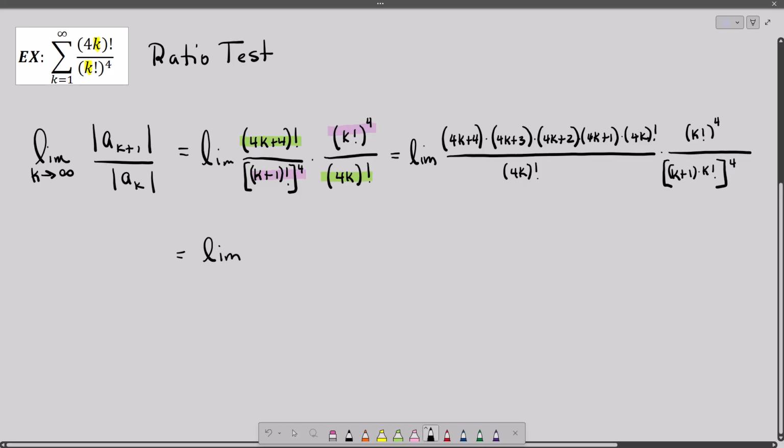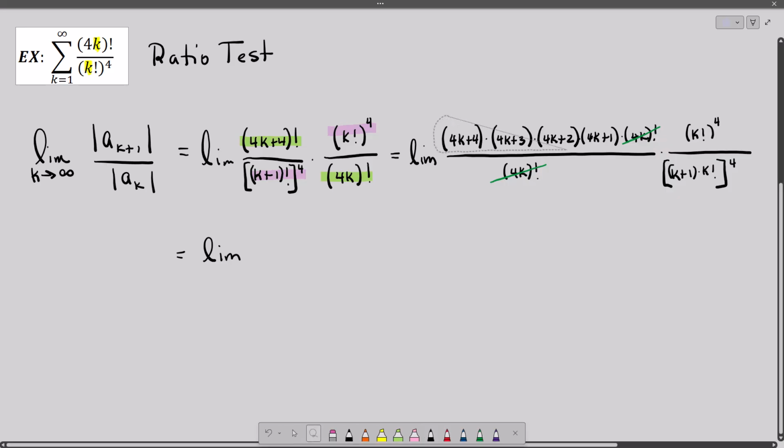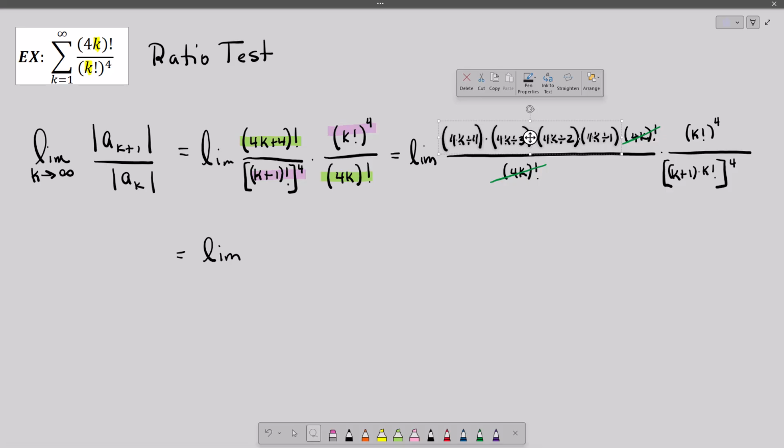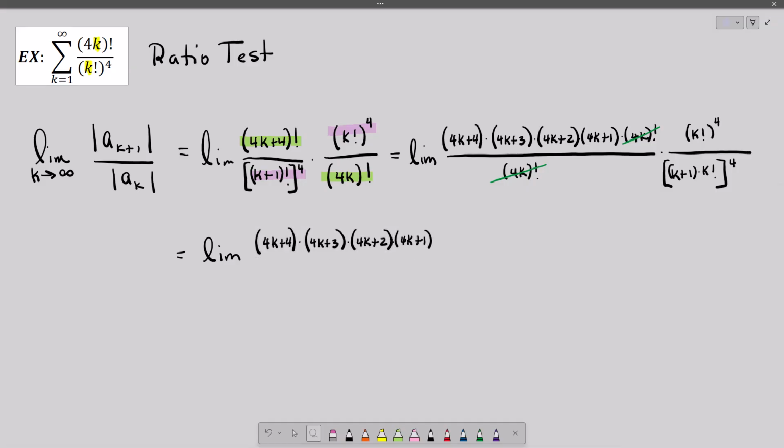So then we have limit. Over here, the 4k quantity factorial will cancel. So we are going to have in the numerator all of that other stuff. Let me just grab it. It'll be easier to grab it. So copy, click, paste. Put it there. So this is what is left in our numerator from that part.